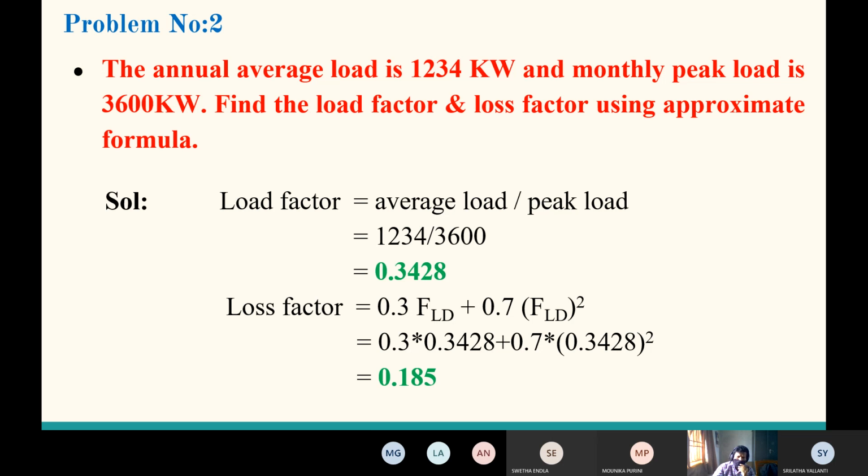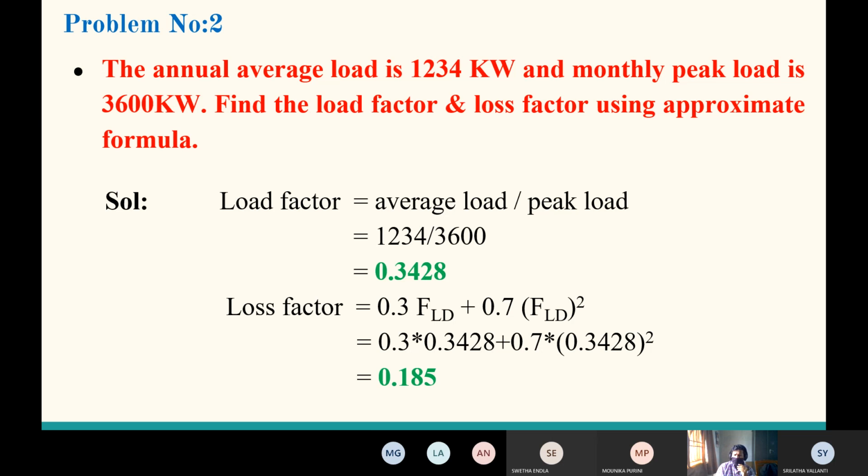The annual average load is 1234 kilowatts and the monthly peak load is 3600 kilowatt, monthly or yearly, no problem, both are the same. Find the load factor and loss factor using approximate formulas. The load factor is the ratio of average load to maximum demand.